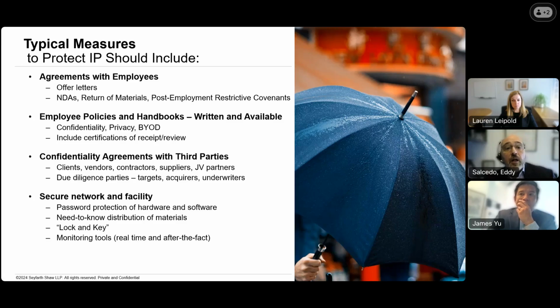You want your employee policies in your handbooks to also include these concepts of confidentiality and privacy of company material. Bring your own devices: even with partial work from home and hybrid work, people are using their own laptops and their own cell phones.